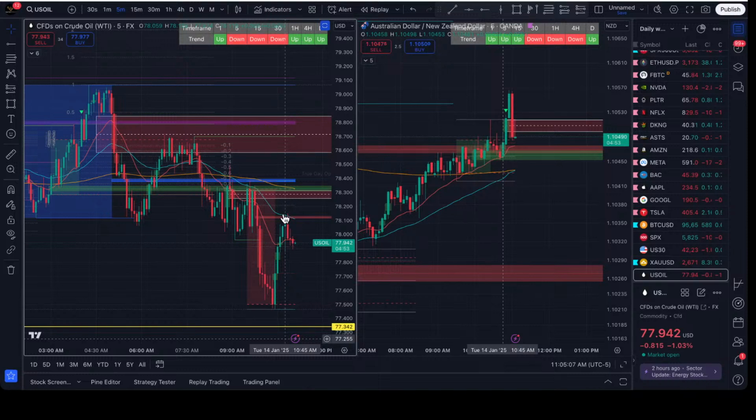We're back at the 20 EMA. Drop down to a lower time frame here, see if it gives us a foothold. I would have liked to see it sweep these lows.